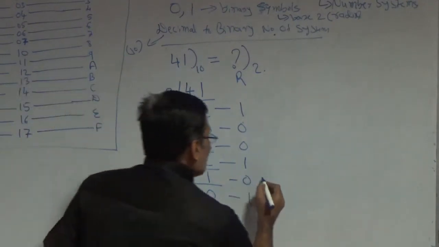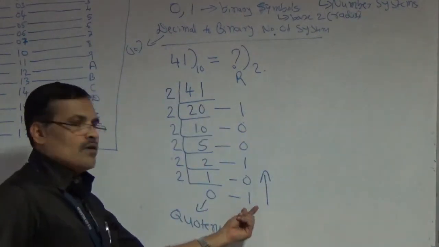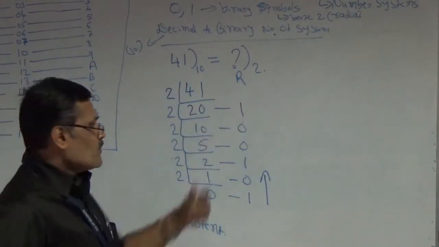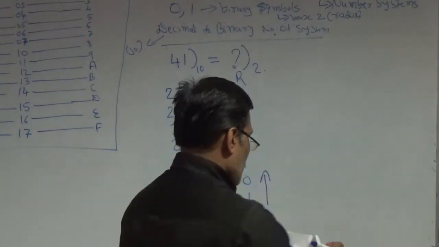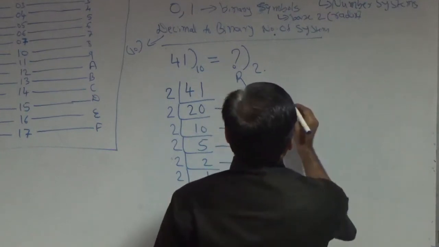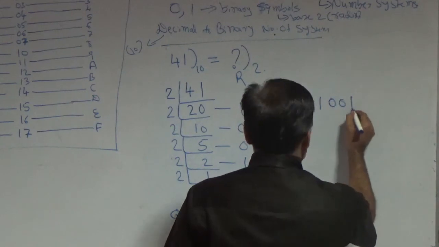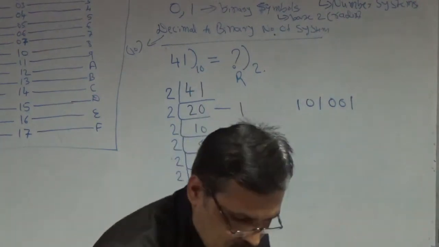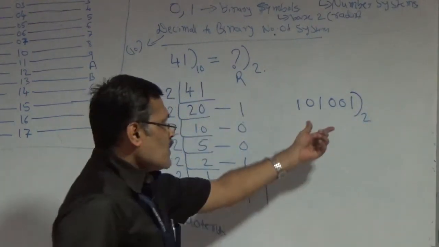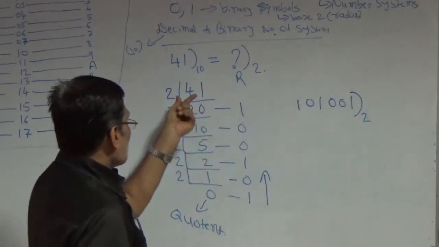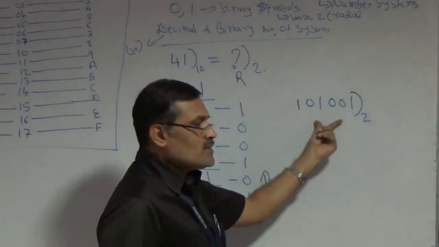Then write down these remainders from bottom to top. In this particular case, 1 0 1 0 0 1. So this is our equivalent binary number. The given decimal number is 41 and its equivalent binary number is this one.